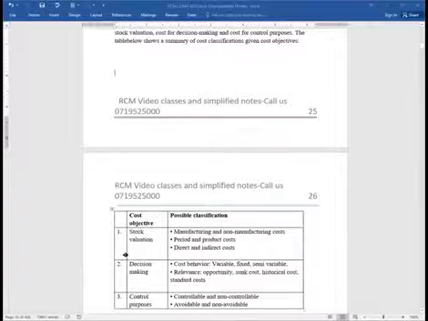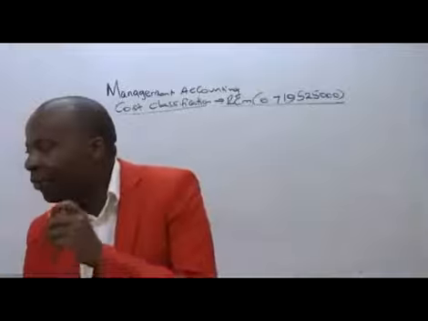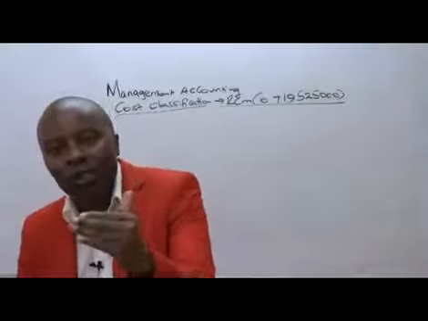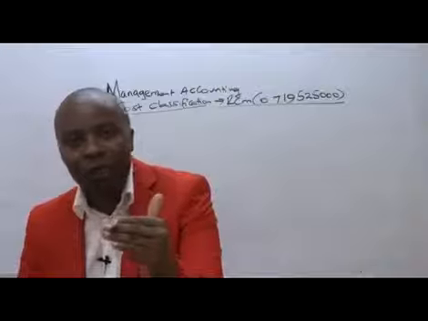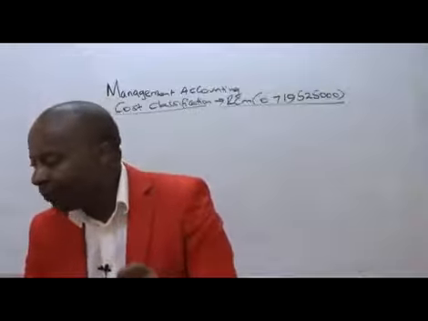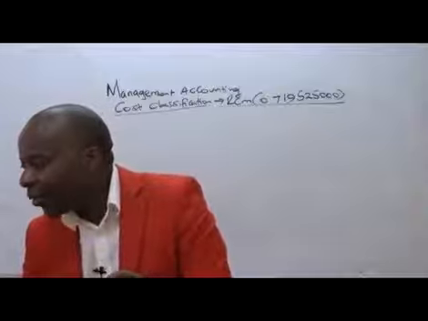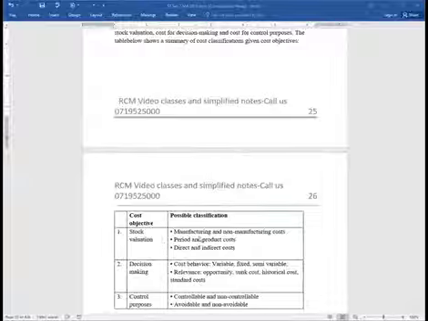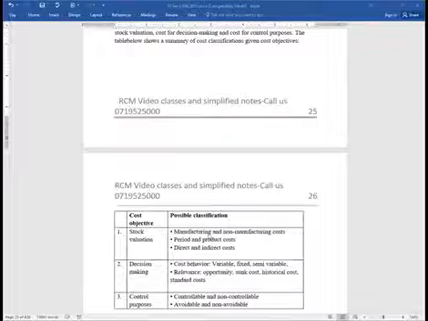So if you have a cost objective of stock valuation, what will be some of the classifications of costs under stock valuation? Ladies and gentlemen, here we are told under stock valuation, we are going to have two types of costs. We could have what we call manufacturing and non-manufacturing costs.